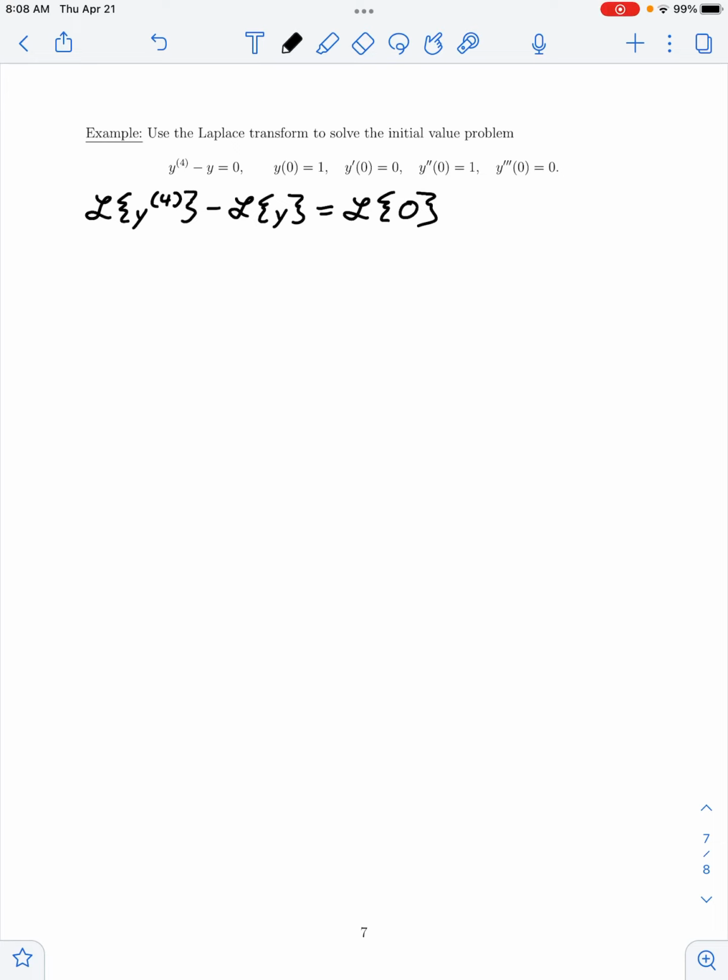So for the Laplace transform of the fourth derivative of y, I have s^4 times the Laplace transform of y, minus s^3 times y(0), minus s^2 times y'(0), minus s times y''(0), minus y'''(0).